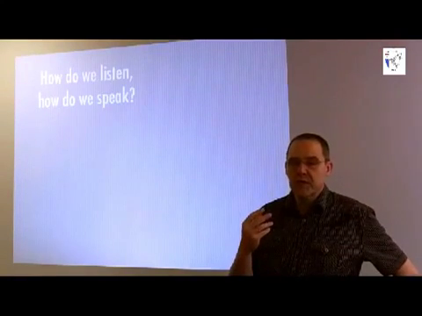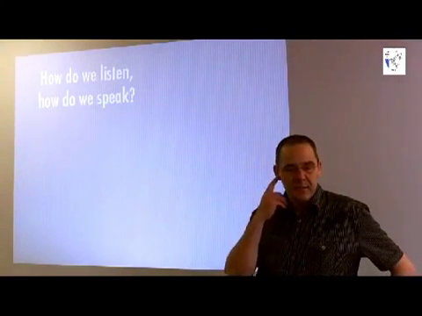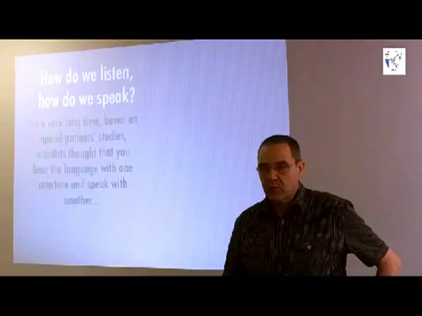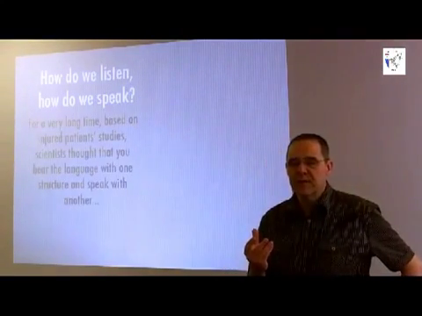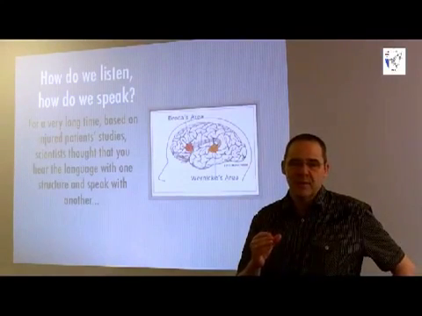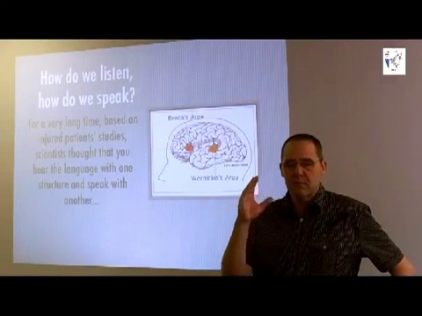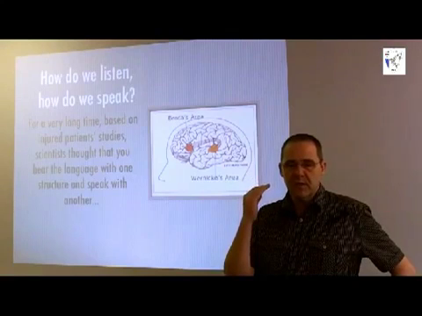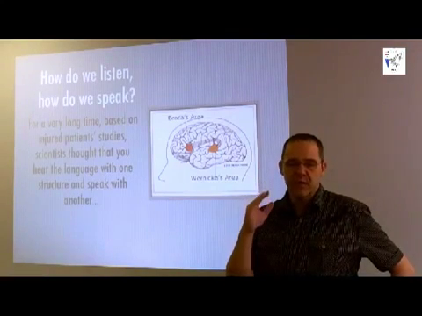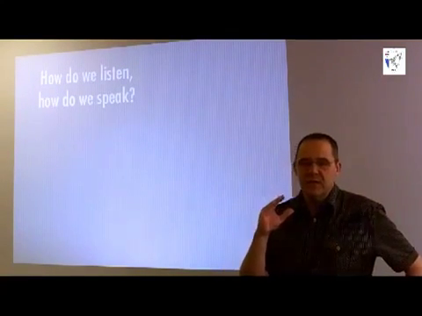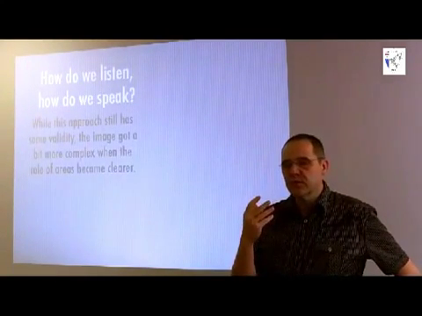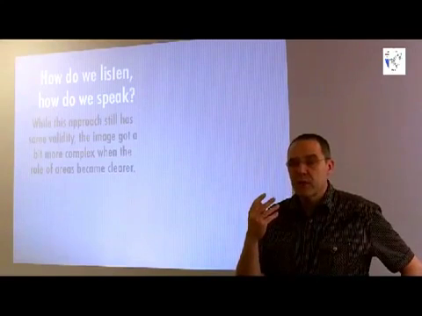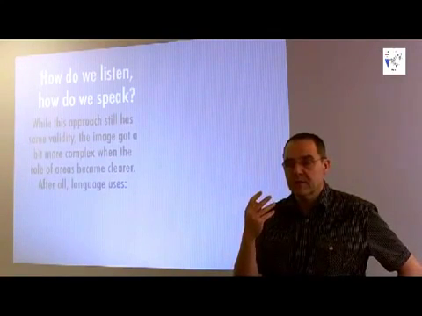First, we've got to understand how we listen and how we speak. For a very long time, it was thought that there were very defined areas that were used for hearing or for speaking. This is still in part true, just that with new technologies we understood that it is much more complex.